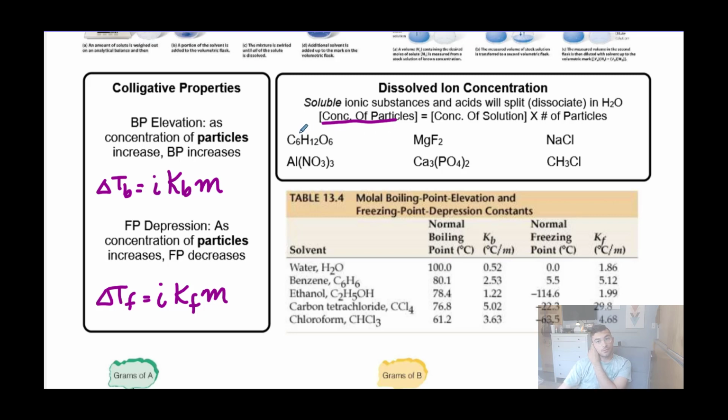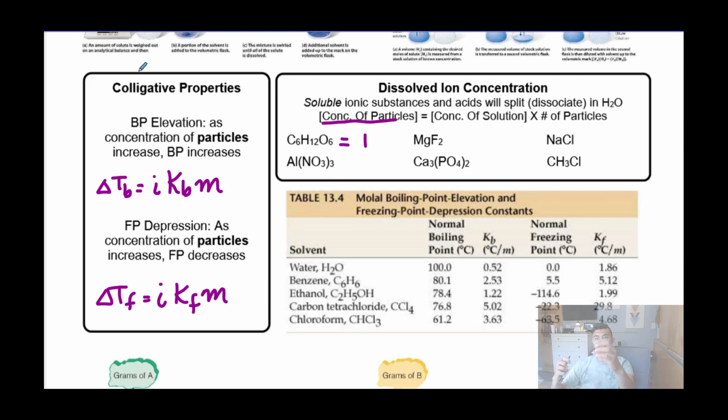For us, ionic substances and acids, which we don't have to worry about here because that's a separate chapter, will split up or dissociate in water. Molecular covalent substances will not. So here, glucose, the i value would be 1 for glucose, because when it splits up, it just stays as one individual particle, right?